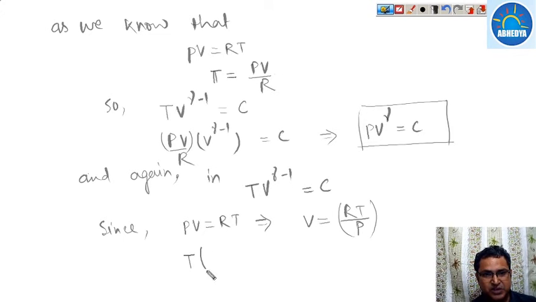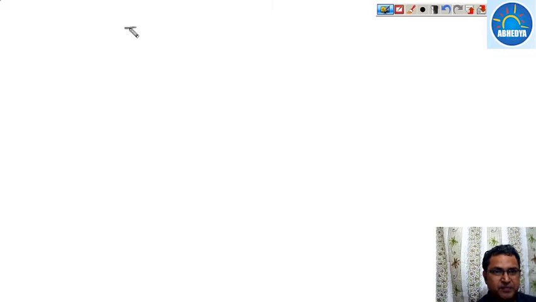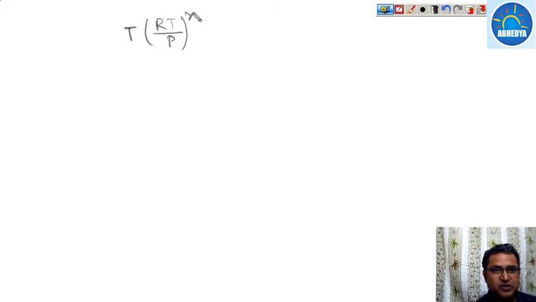So this becomes T, in place of V we are writing RT upon P raised to the power gamma minus 1 is equal to constant. So T into RT upon P raised to the power gamma minus 1 is equal to constant.